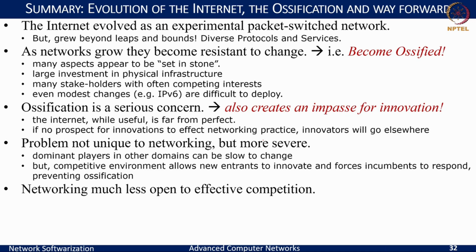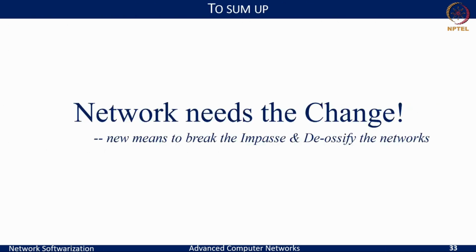Hence, the network, unlike other domains, was less open to effective competition, and this made the problem even worse. So overall, there is a need to rethink networks, especially in terms of letting researchers try out different aspects over these networks so that they could experiment and try out different innovations much more easily. So this demands that we break the impasse and deossify the networks.